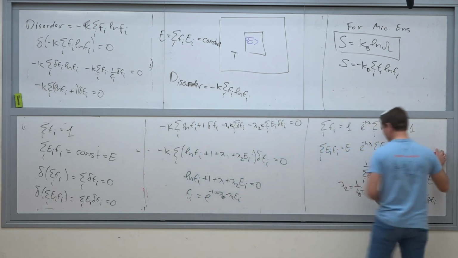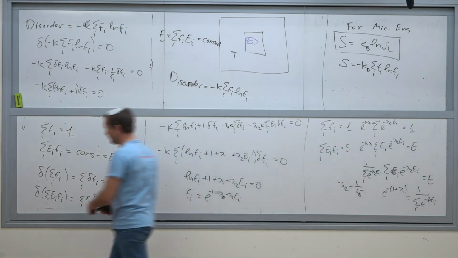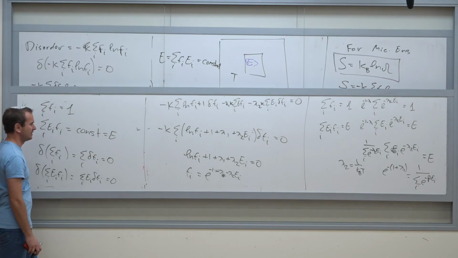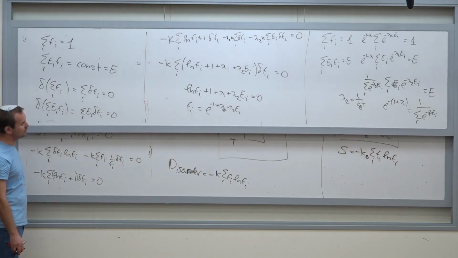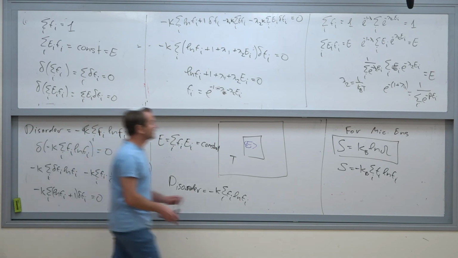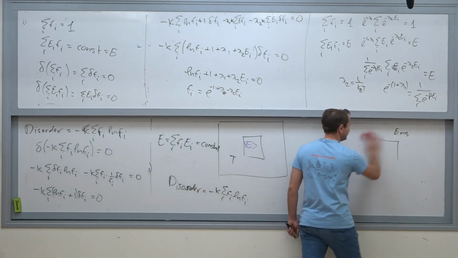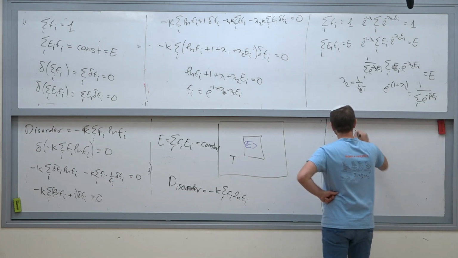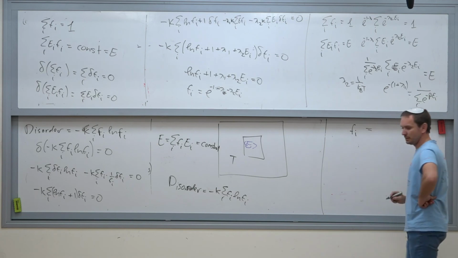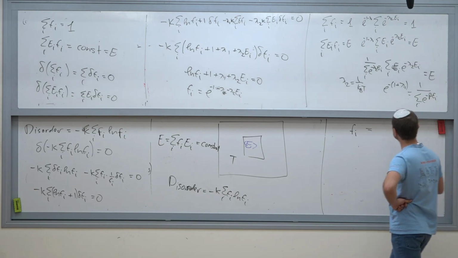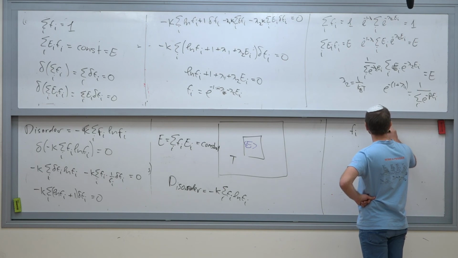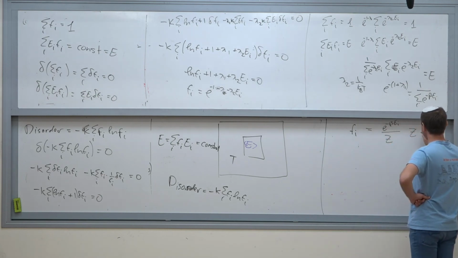But what we have obtained over there, what we managed to obtain, is that Fi is equal to e to the minus beta ei divided by Z, where Z is the sum of I, e to the minus beta ei.